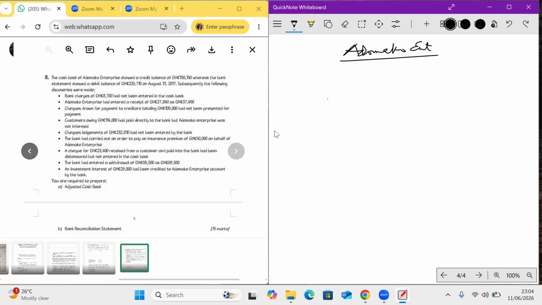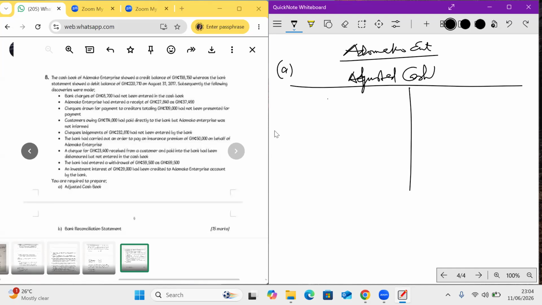So you are required to prepare the adjusted cash book and then the bank reconciliation statement. What do you do? You draw your adjusted cash book. A, your T accounts at the center of it, adjusted cash book.